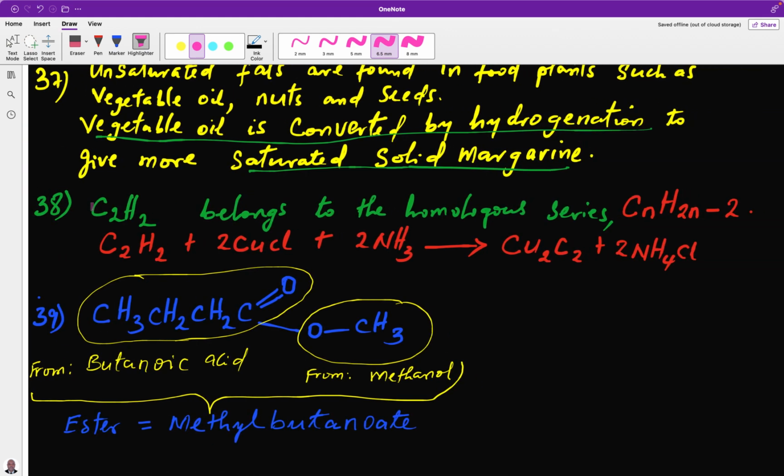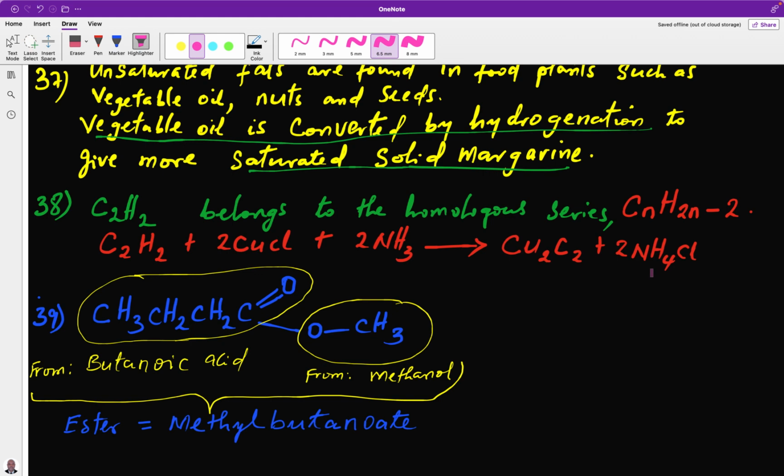It should be recalled that the alkynes belong to the homologous series CnH2n-2. So C2H2 plus 2CuCl, that is copper(I) chloride, plus ammonia, is going to give us C2Cu2 plus 2 ammonium chloride.